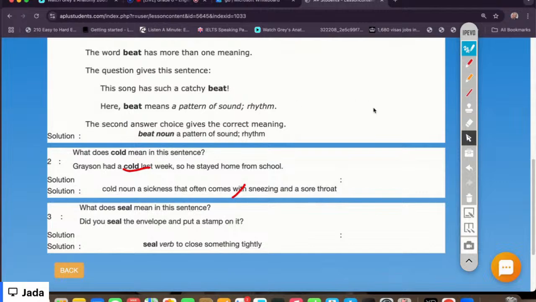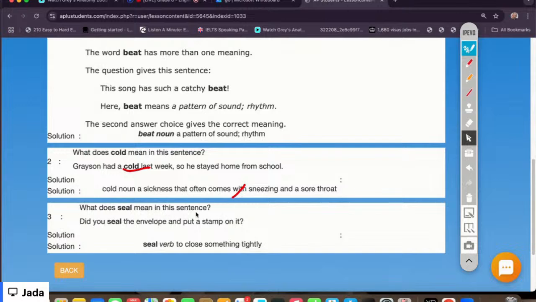So you can note that beat will have different meanings. Now, what does the word cold mean in this sentence? "Grayson had a cold last week, so he stayed home from school." Cold, noun, a sickness that often comes with sneezing and a sore throat. Now, we know that cold could also mean that it's cold outside, it's winter, so everywhere it's freezing cold. And it could also mean that you have an illness, you're sneezing and you have a sore throat.